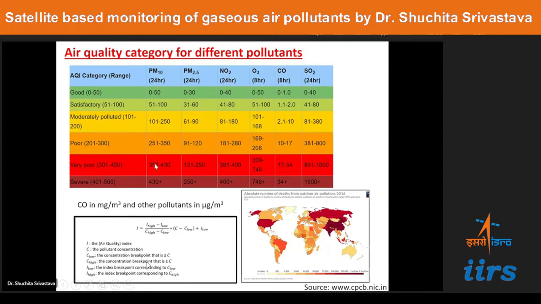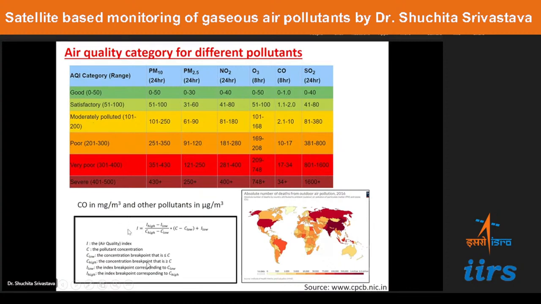Before starting, I would like to mention that the pollutants are given in microgram per meter cube except CO, which is given in milligram per meter cube, and this is their concentration range in each category. So suppose we make measurement of NO2 for 24 hours and the average concentration falls between 41 to 80, then we will say that air quality is satisfactory with respect to NO2, right?